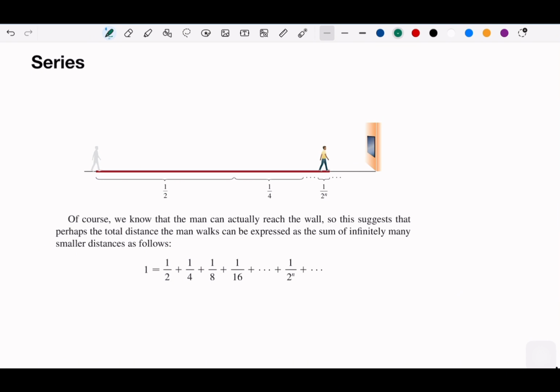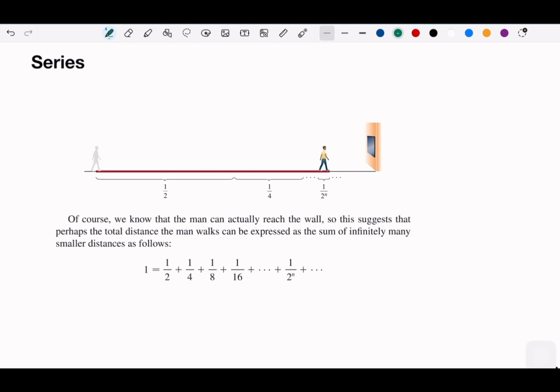So for example, if this is 1 meter, then it's one half plus 1 over 4 plus 1 over 8 plus 1 over 16 plus and so on as n increases. Okay? And of course, if we calculate, maybe n up until 100 or 1000, we could get a number around 0.999 something, which we argue will be closer to 1 in the limit.